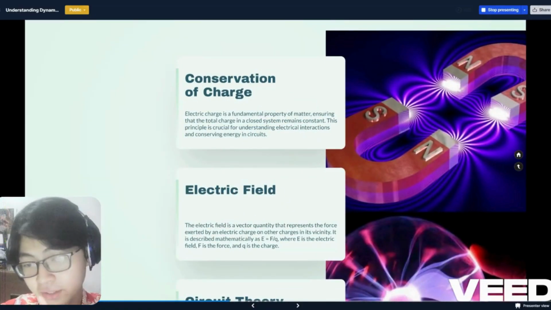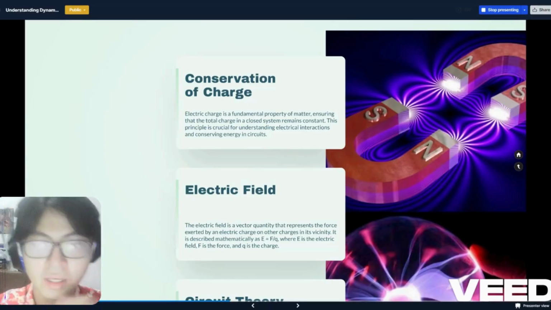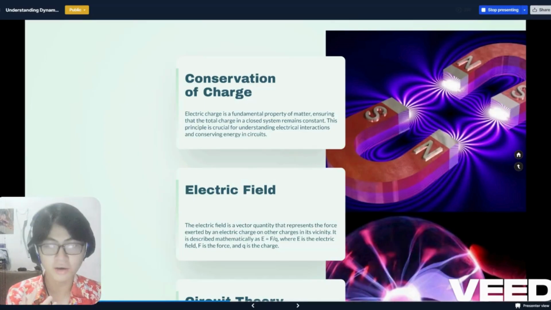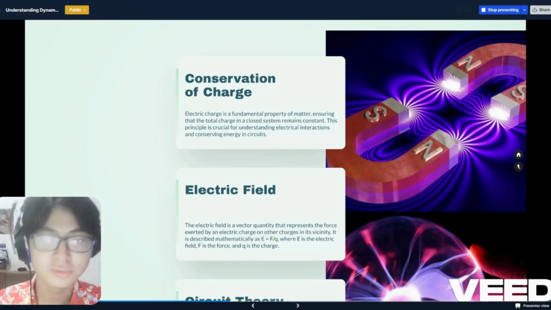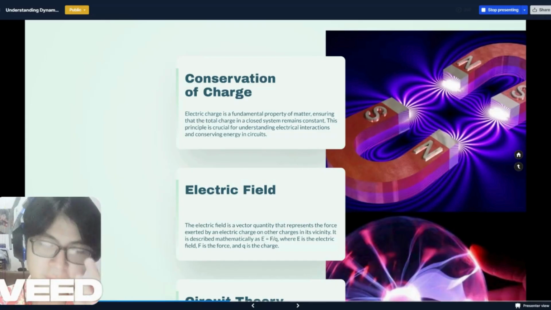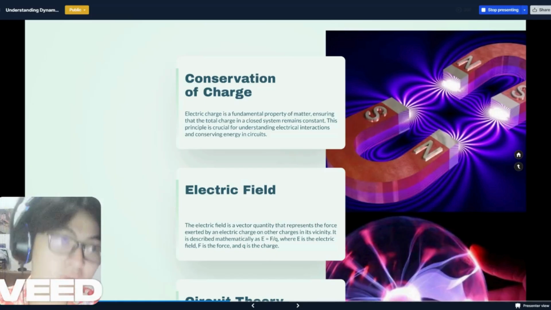Basically, the electric field is a vector quantity that represents the force exerted by an electric charge on other charges in its vicinity. It is described mathematically as E equals F per Q, where E is the electric field, F is the force, and Q is the charge.